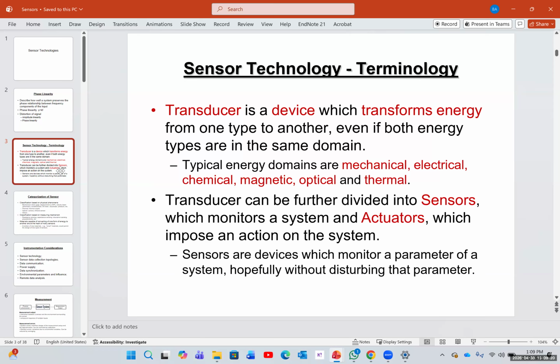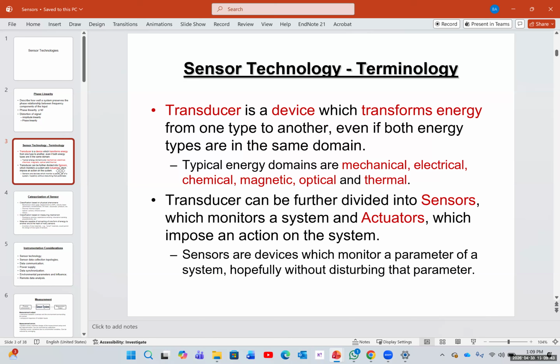Also, converting mechanical quantities like voice, air pressure, or temperature to electrical is also a type of transducer. Typical energy domains are mechanical, electrical, chemical, magnetic, optical, and thermal.